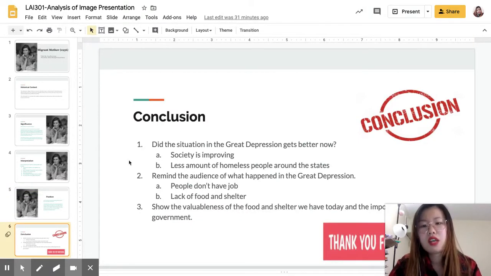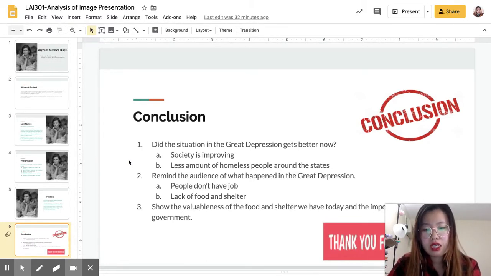So the entire purpose of this photo is presenting the toughness of living conditions that people were suffering back in the Great Depression. This long period of time that our states have experienced trying to recover the loss in the Great Depression.